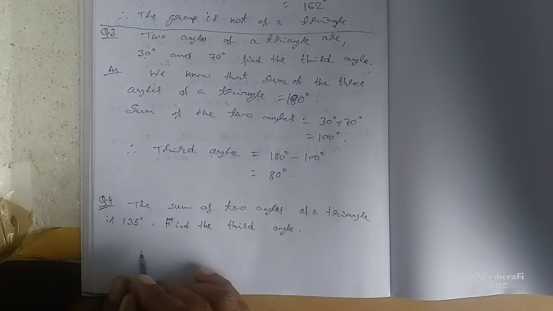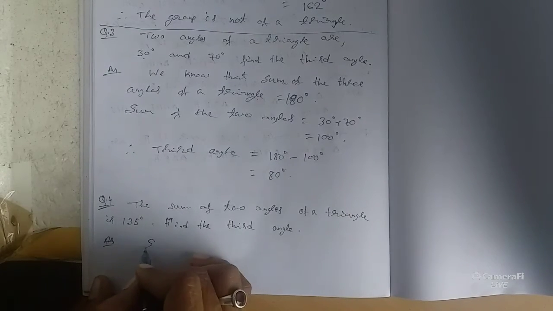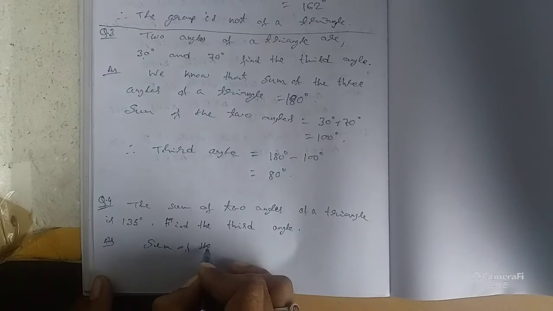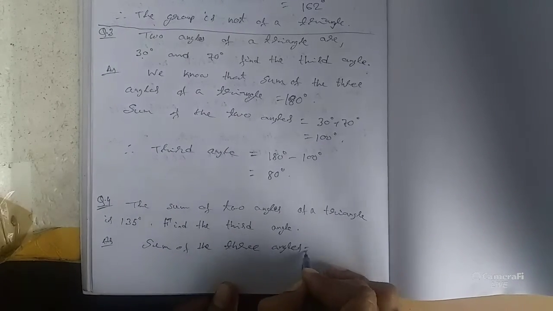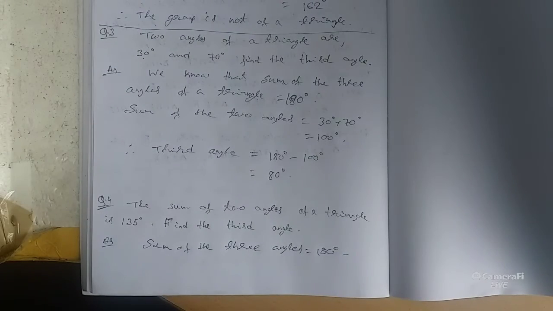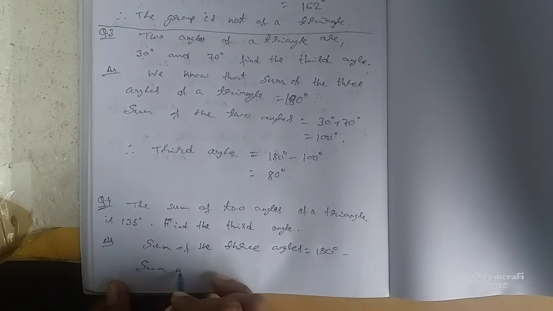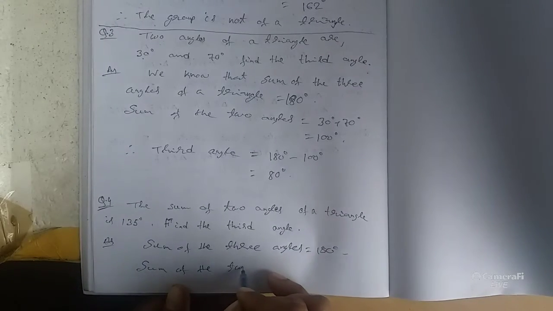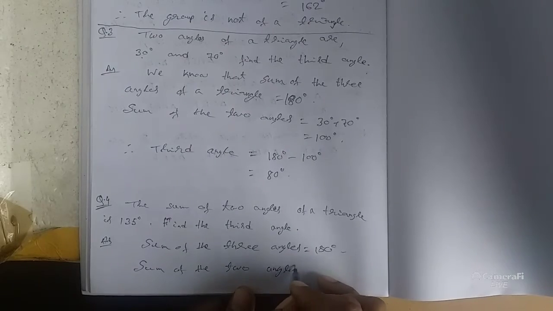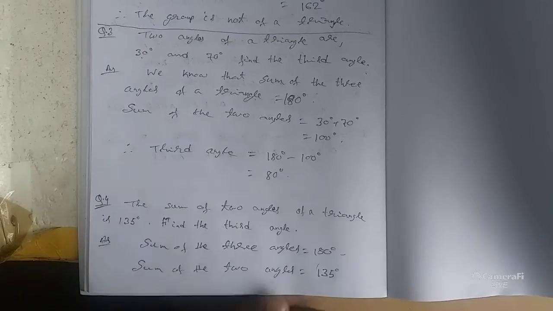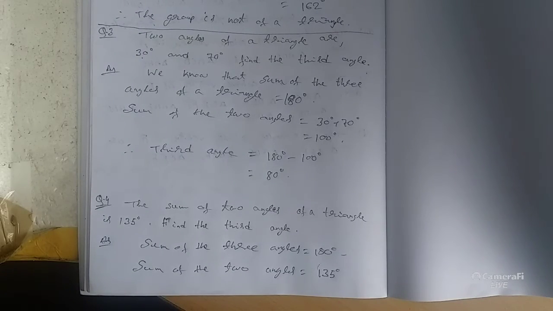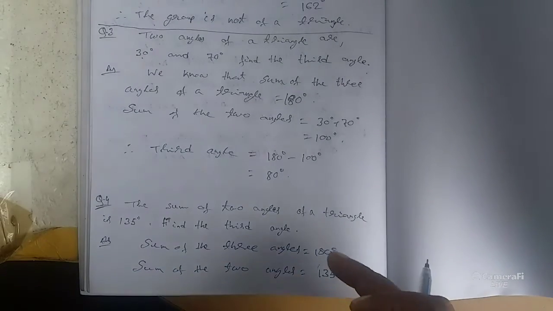Here also we use the sum of the 3 angles equal to 180 degree, and also given the sum of the two angles is 135 degree. So it is easy to find the third angle. We just will subtract.